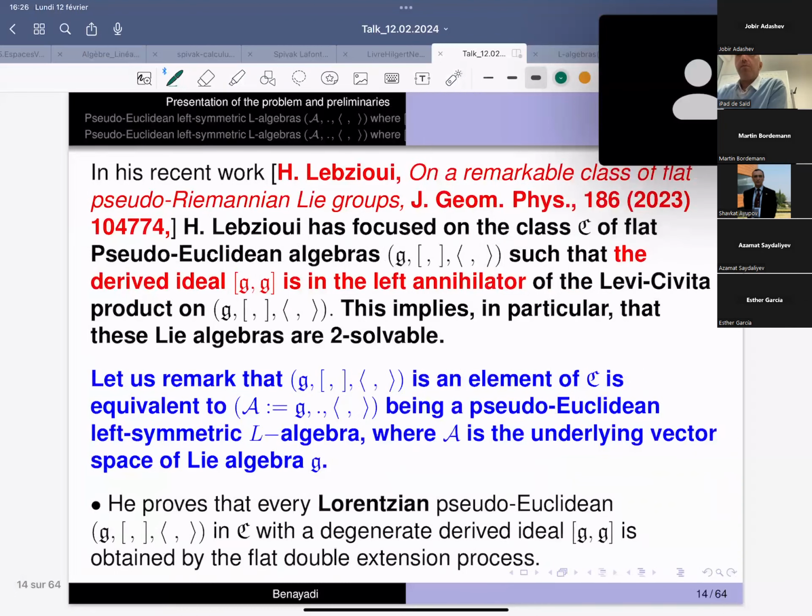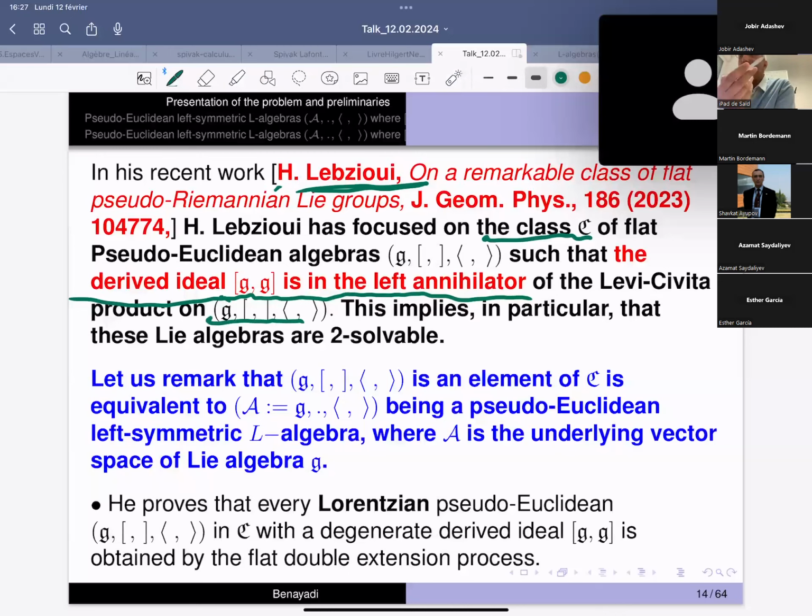Now, in this recent work, Hisham Lebzioui considered a class C of flat pseudo-Euclidean Lie algebras such that the derived ideal [G,G] is the left annihilator of the Levi-Civita product.